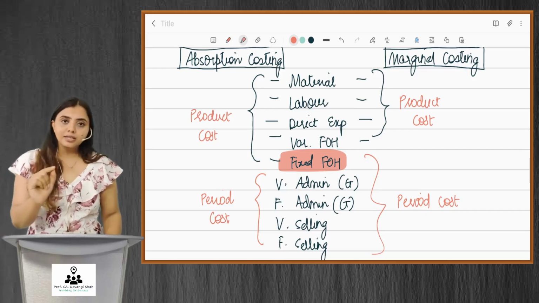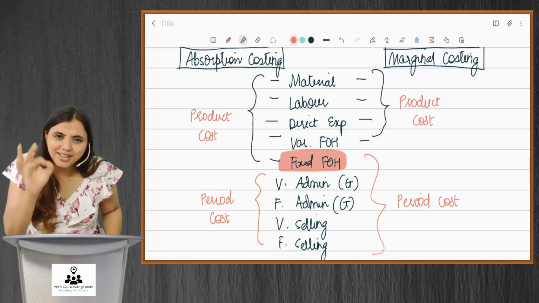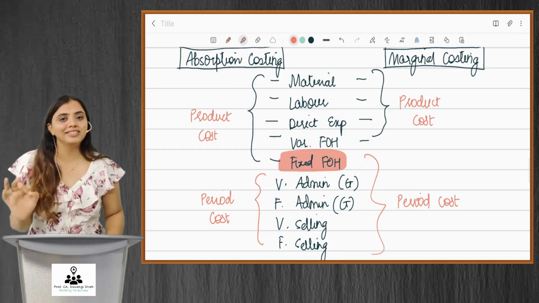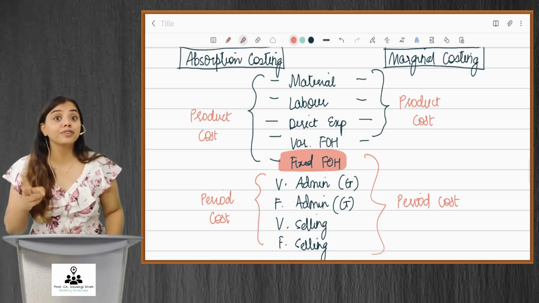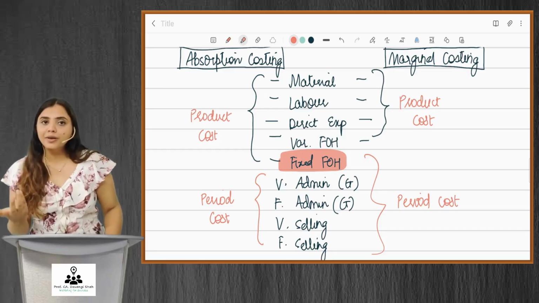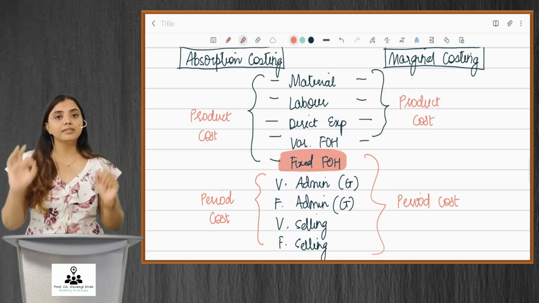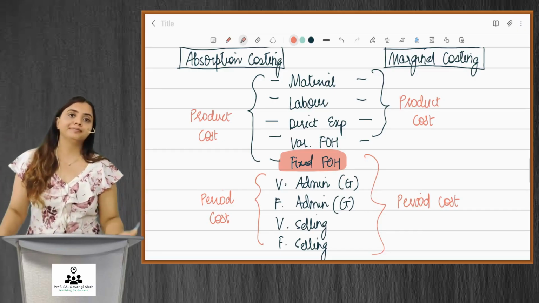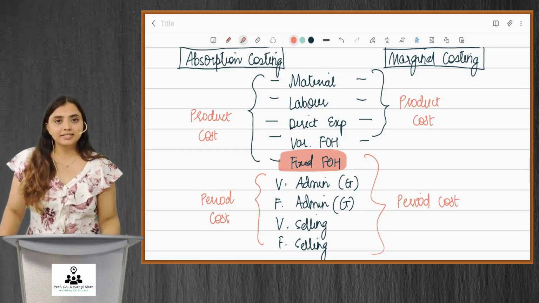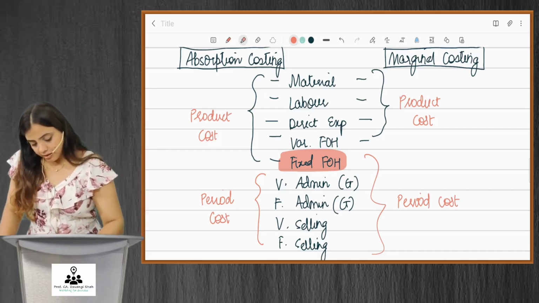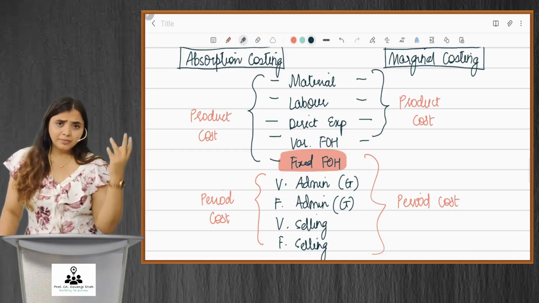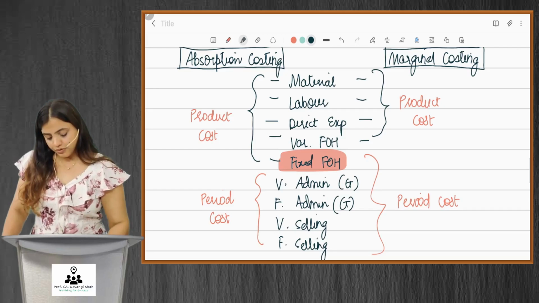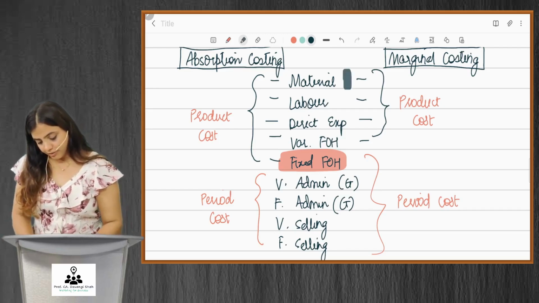And friends, it is because of just this single, simple reason that the stock value differs and so the two profit figures differ. And this is the only reason. Got it, friends? I'll take some numbers and explain to you. Suppose all these costs are 1 per unit.